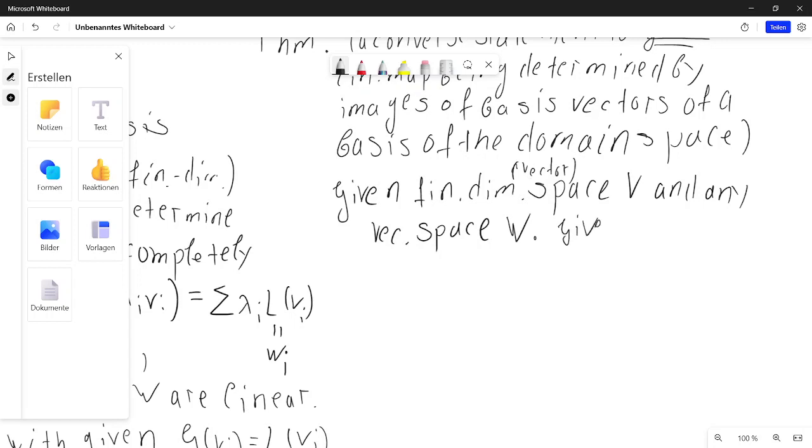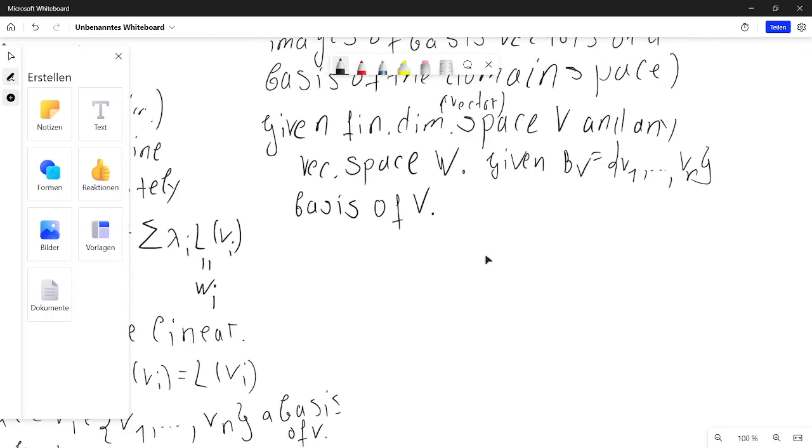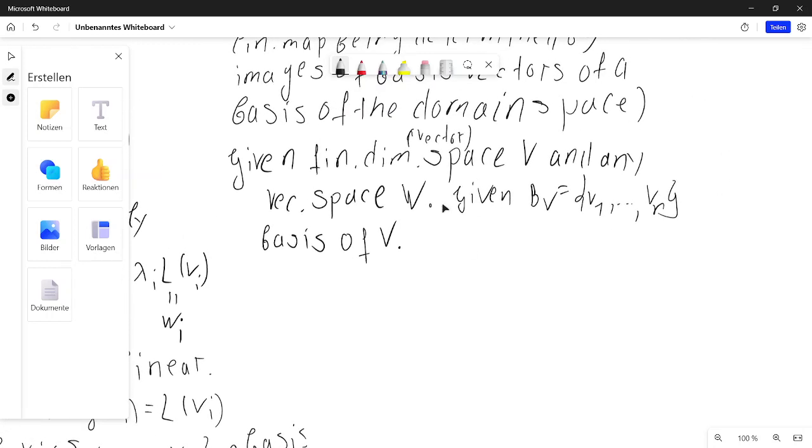Given BV equal e1 to en, a basis of V, so the dimension of V is automatically n, if I assume that it is a basis. The number of vectors in the basis is the dimension.